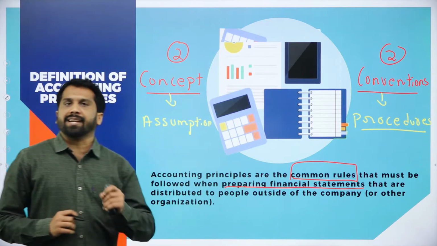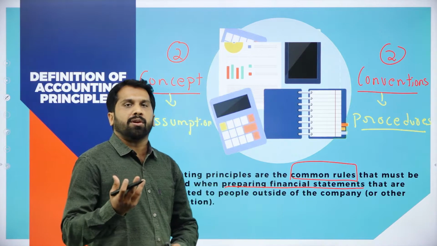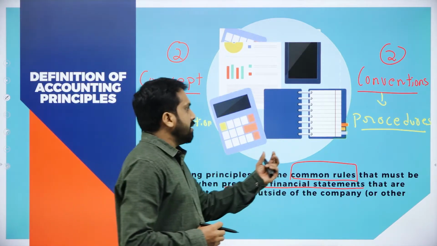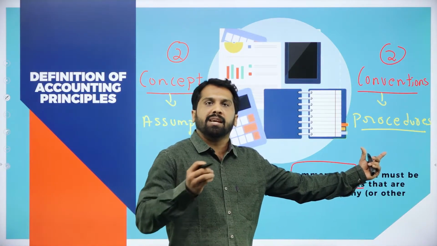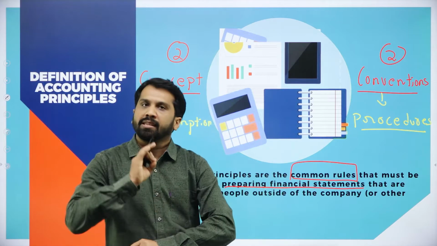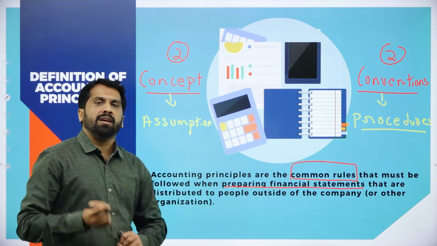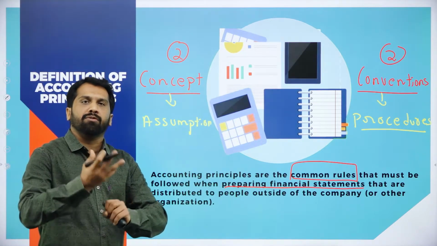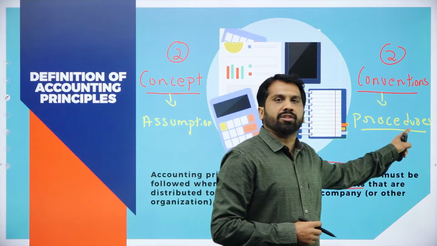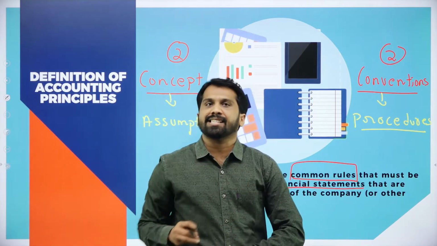What do you mean by conventions? Conventions means procedures. Normally a group of people sit together, they give some procedure, they give some guidance, they frame some rules. That is called conventions. For example, when the government makes new rules and regulations, those are called conventions. Conventions are those which are universally accepted.